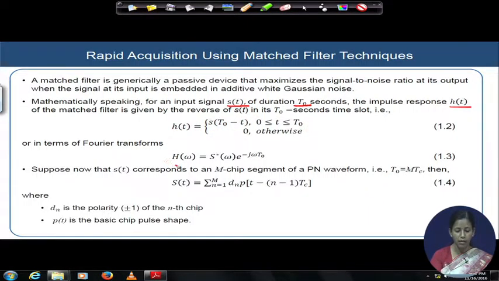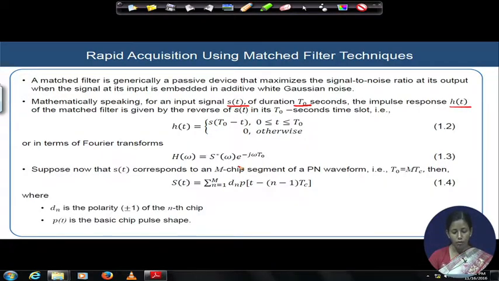Its equivalent transfer function is obtained by taking the Fourier transform of equation 1.2, and we end up with equation 1.3, where the time delay in equation 1.2 is reflected as a phase offset.